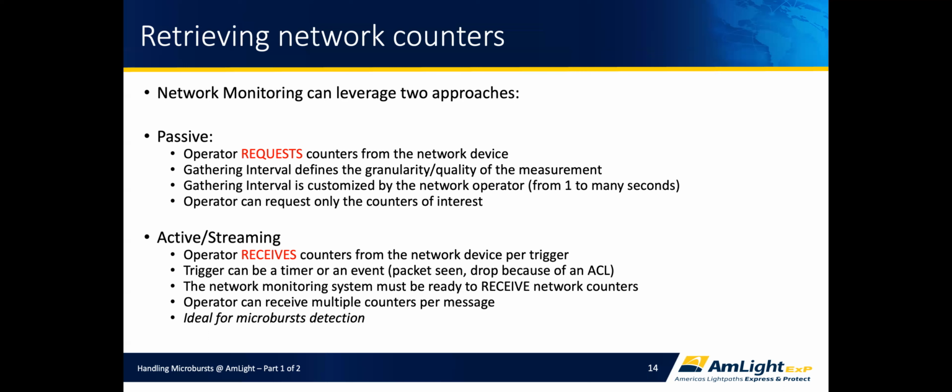This trigger could be a timer, for example, you can say every second send me a report, or it could be every time that there is a drop, or every time that the queue reaches 80%. You can set multiple triggers, and then you decide, if the device supports it, what's going to happen and what kind of report you want to receive after this.